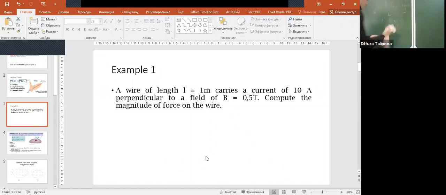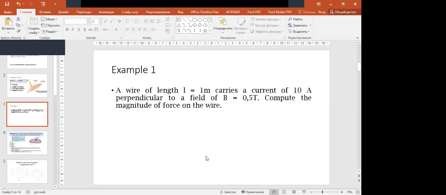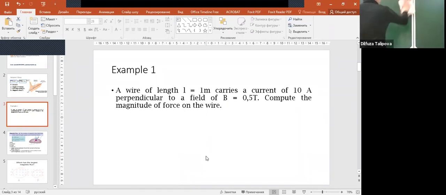So we have a long wire like this. The length of the wire is L, and here L is equal to 1 meter.